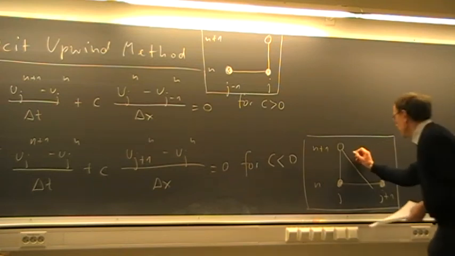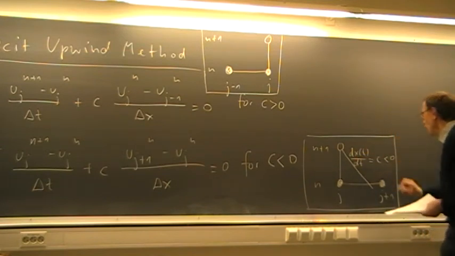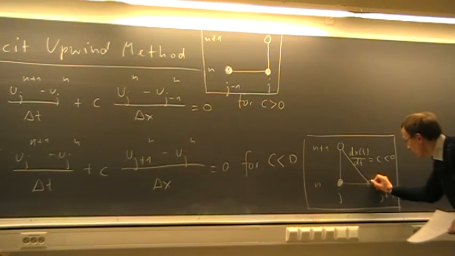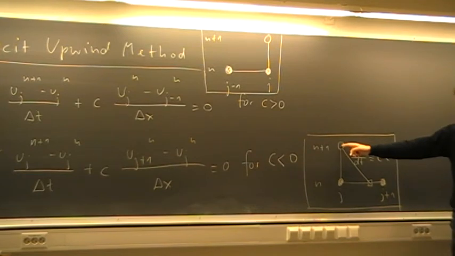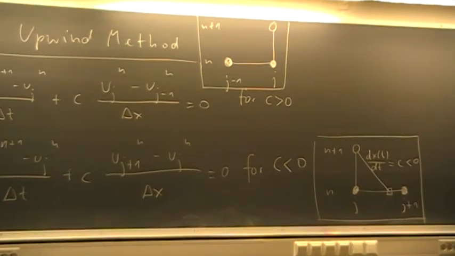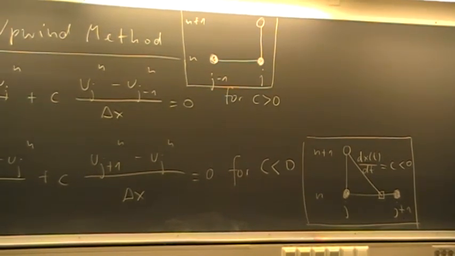That would be the characteristic, dx of t over dt equal to c, and that is smaller than 0. We argued yesterday for the stability condition, we should have the point where the characteristic is coming from at the old time level, through the point that we want to determine, within the interval where we determine the numerical solution. In that case, this point should be between xj and xj plus 1. So you can think yourself what that gives regarding the stability condition.